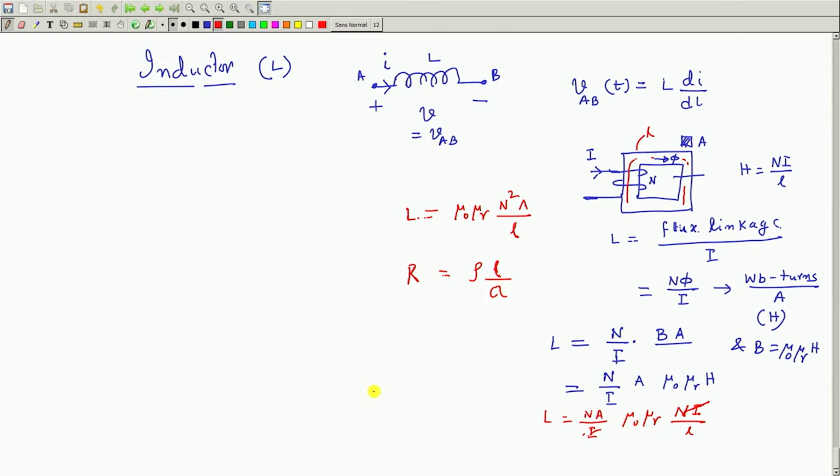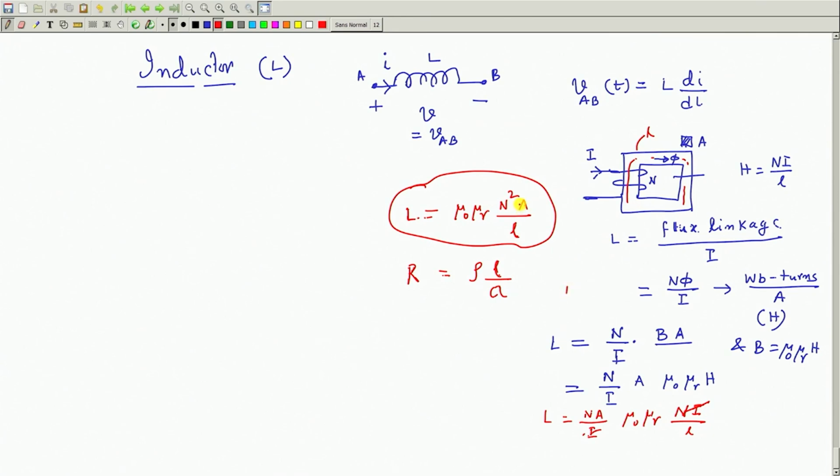L is the length of the wire, A is the cross sectional area, rho is the resistivity. So, similar to that, this is the formula for inductance, which is a constant number provided mu r is a constant value, that is, the B H curve is linear.